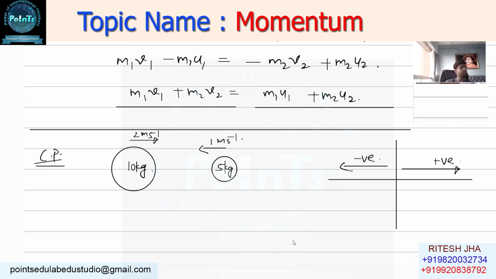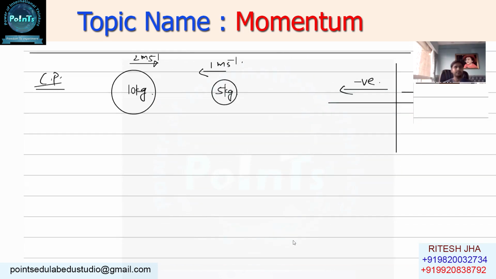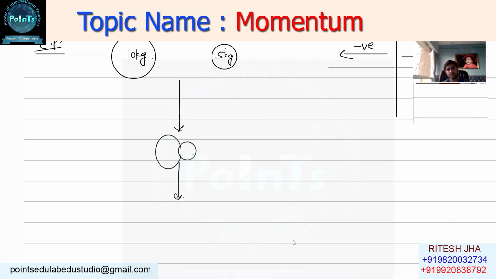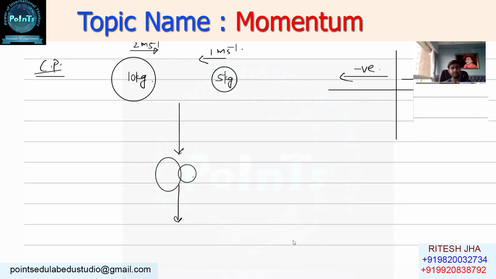Now after they collide, what is happening is that this 5 kg block starts going in the right hand direction with a speed of, let's say, 1.5 meter per second. So what do you think will happen to this 10 kilogram block that you need to define?